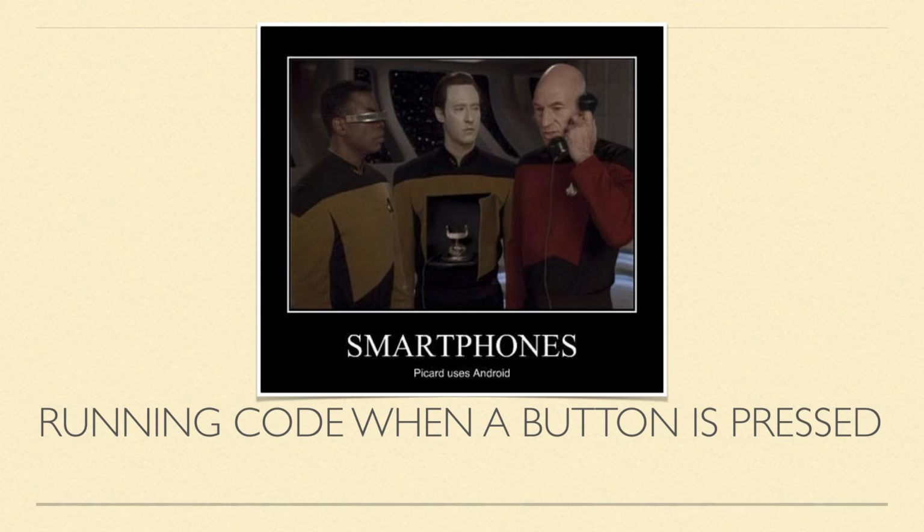Not really a funny picture, but it's Star Trek and it's an Android. So you get it? Because he's an Android, and we're doing Android. Get it? Do you want me to explain it again? Okay. Lieutenant Commander Data, the one in the middle, he's a robot or an android. Now we're writing code for Android phones and tablets.